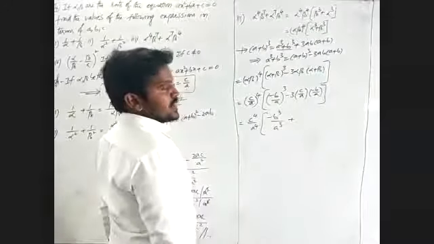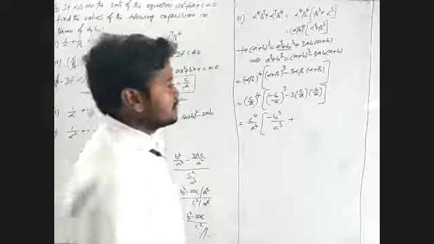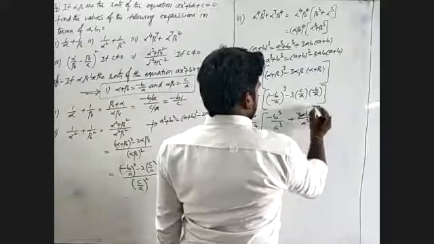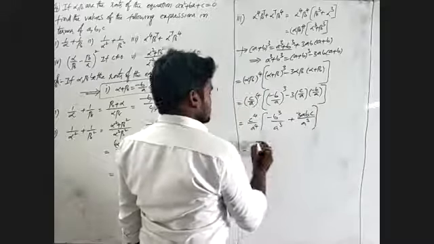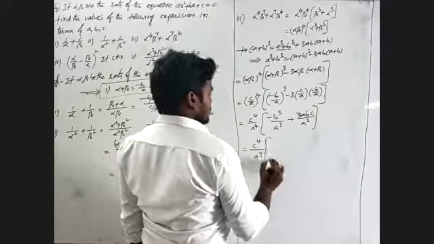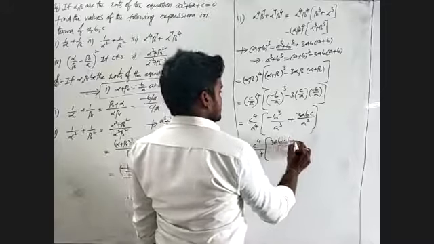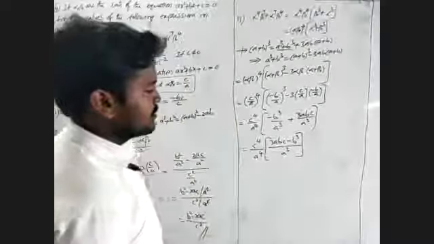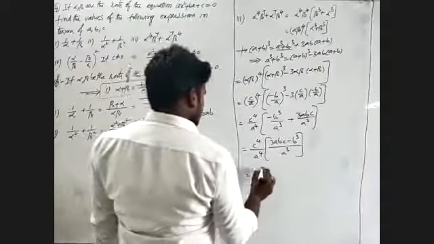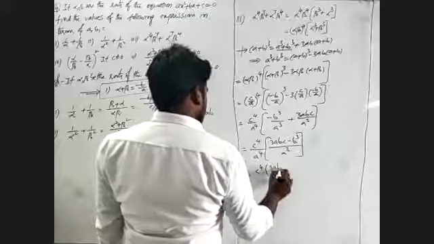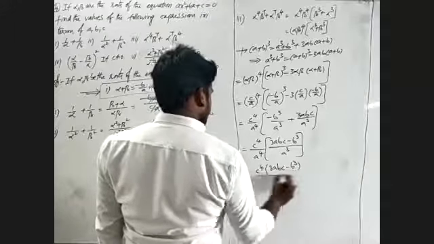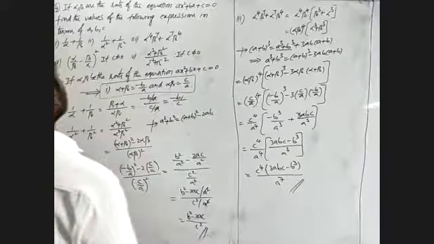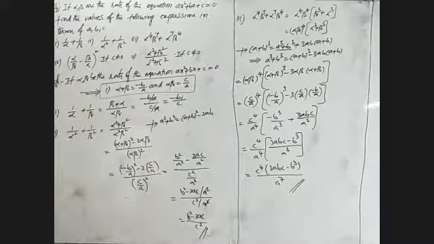Multiplying and dividing by a square, I write 3abc by a cube. That is c power 4 by a power 4 into 3abc minus b cube by a cube, which is c power 4 into 3abc minus b cube by a power 7. This is the given value.